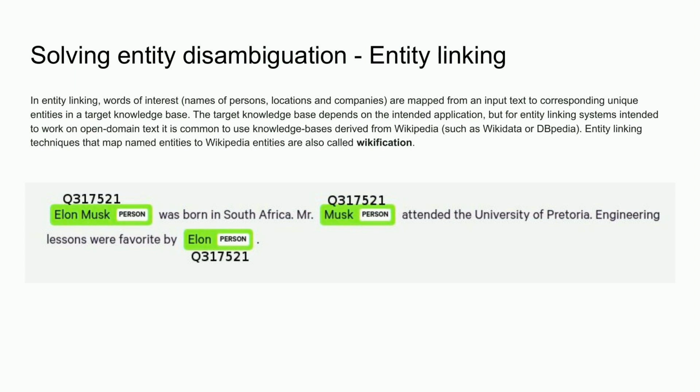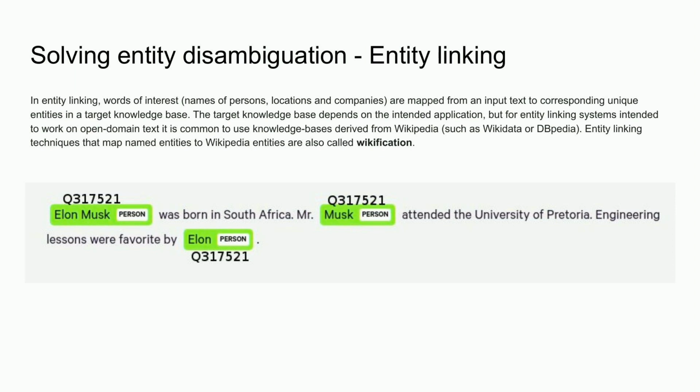So we go from named entity recognition to named entity linking. Entity linking basically means that we upgrade the named entity recognition to first recognize all the entities and then map those entities to a target knowledge base.